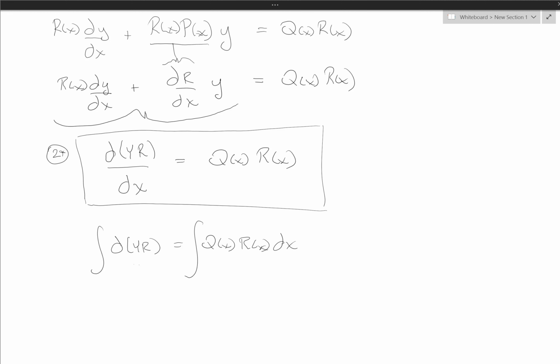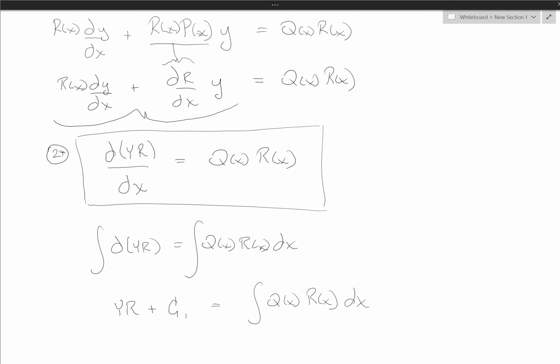The integral of d(yr) is like the integral of dz, where you let yr be z, and so the integral of dz is z plus c. So really it's just yr plus some constant is equal to the integral of q(x) r(x) dx.